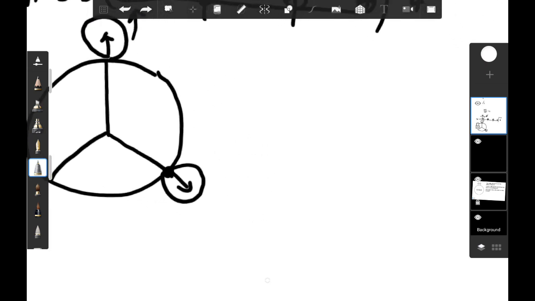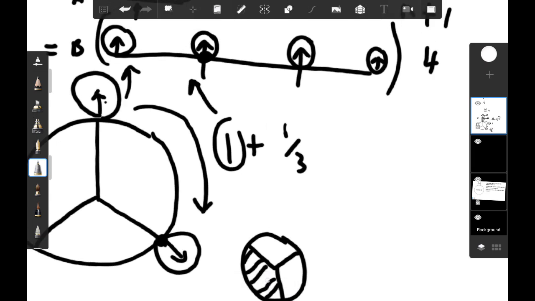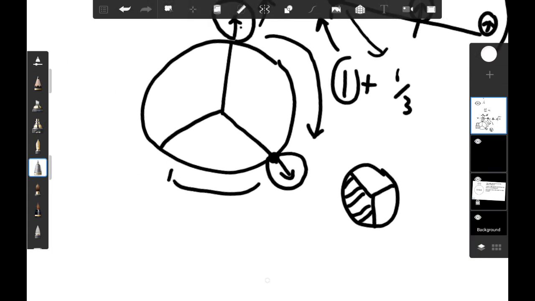And this is actually 1/3 of the circle. So from here, it has actually traveled like this. So from here to here, it has traveled 1 plus 1/3. 1 is the whole rotation from this one, and 1/3 is when you put it back into a circle. This one is also the same.